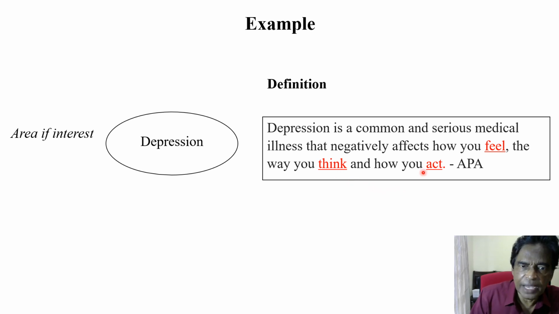Later, I want to capture and measure the level of depression. I must expand my instrument to measure how the person feels, thinks, and acts according to this definition. That's why it's very, very important. This is my area of interest, and that is your definition according to some valid authorities.